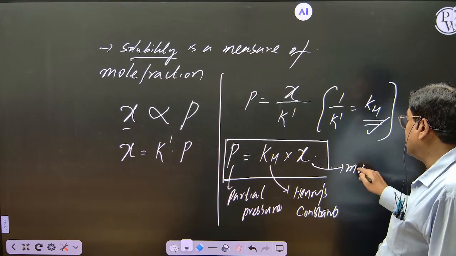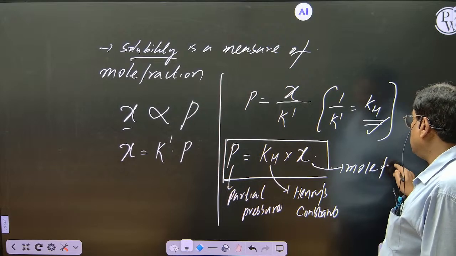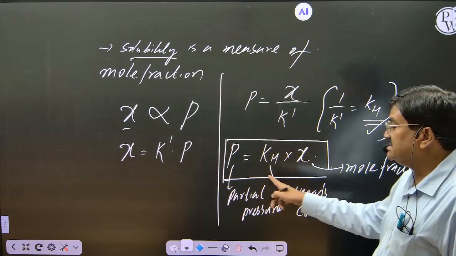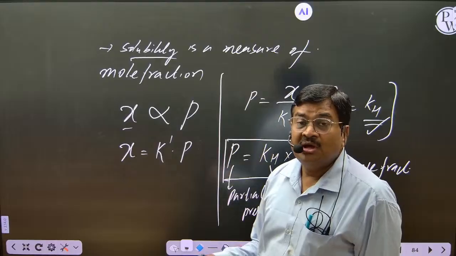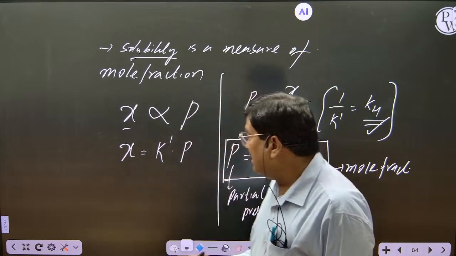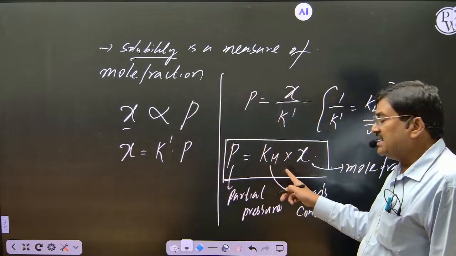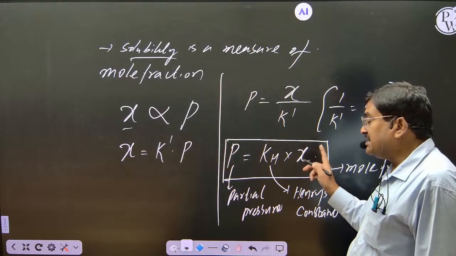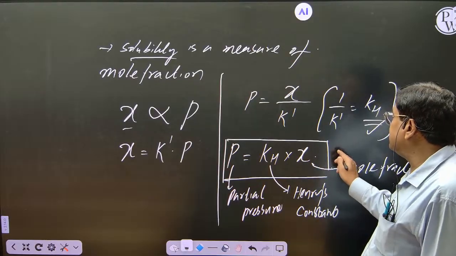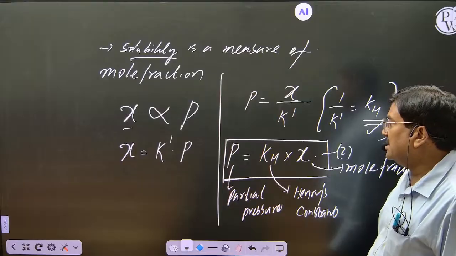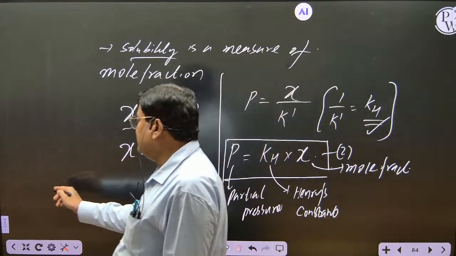So this is the second statement we can write. That means the partial pressure of the gas is directly proportional to the mole fraction of the gas, where P is partial pressure, Kh is Henry constant, and x is the mole fraction. This is the second statement from Henry's law.